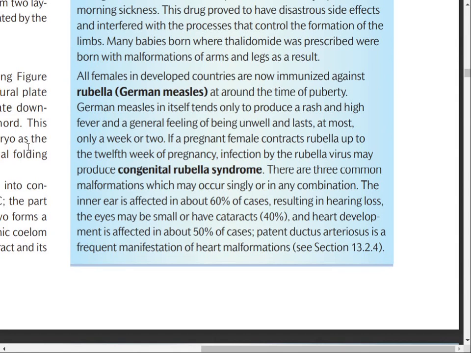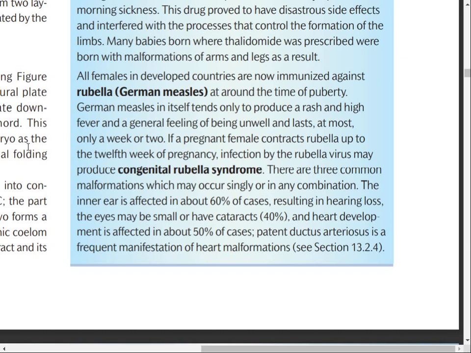At around the time of puberty, German measles in itself tends only to produce a rash and high fever, and the general feeling of being unwell, and lasts at most only a week or two.